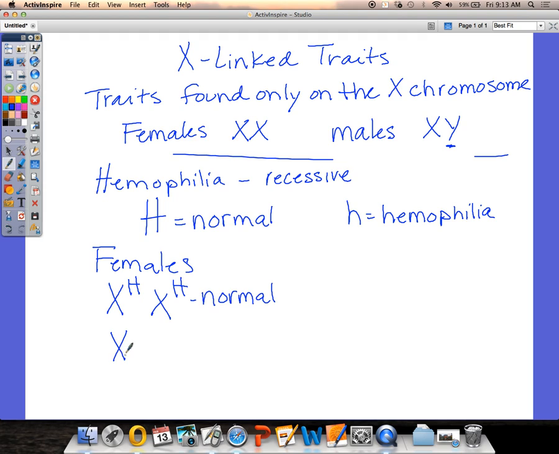You can be X capital H, X little h, and be normal, but you're called a carrier, because you carry the recessive trait for hemophilia, but you're normal because of the capital H. Or you can be X little h, X little h, and have hemophilia.